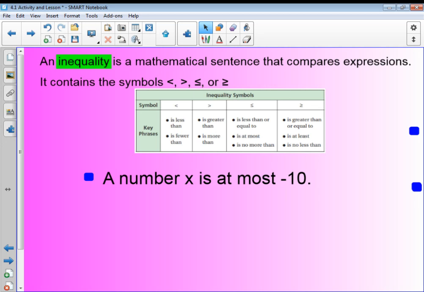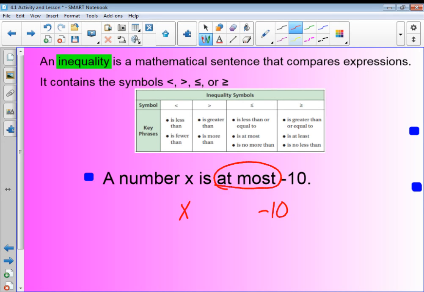A number X is at most negative 10. So the letter they want us to use is X, and the number was negative 10. We're looking for "at most" negative 10, which means even if I didn't have that table, I should be able to come up with somewhat of an idea.